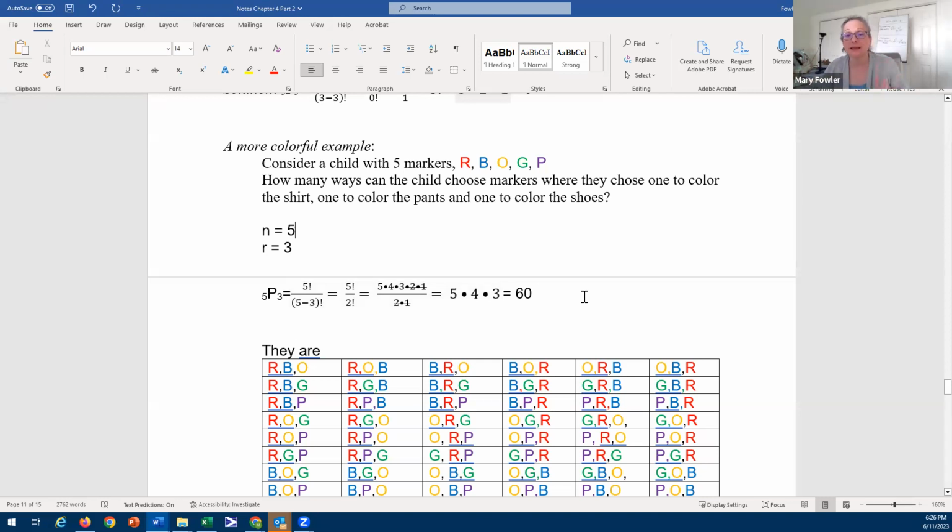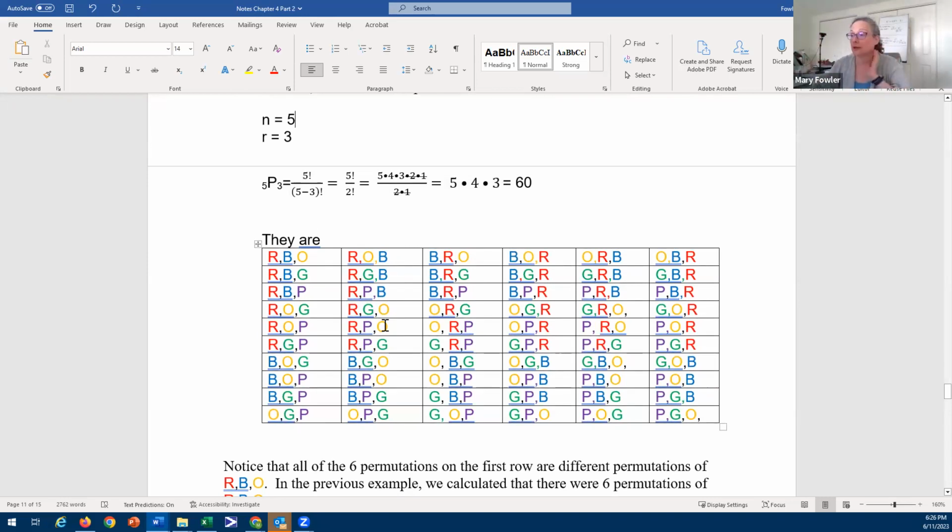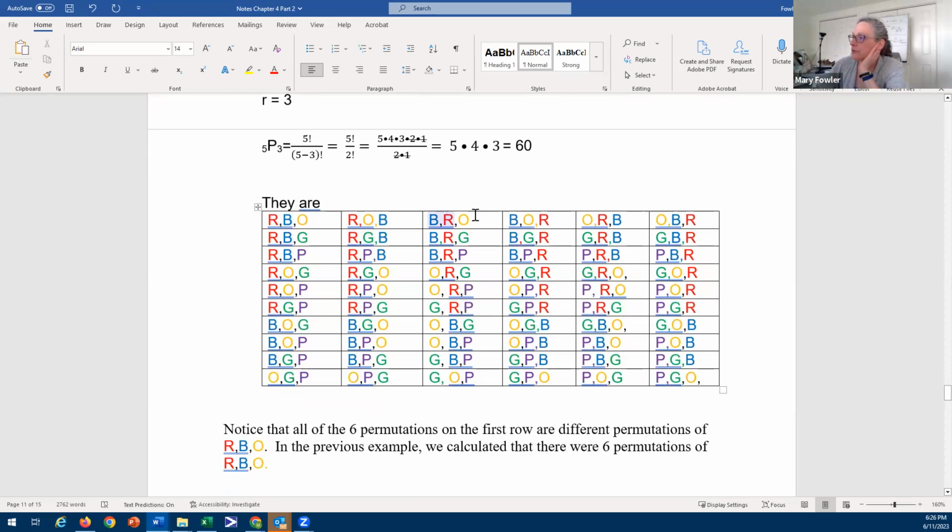And what I did was I laid all 60 of them out into a rectangle here, into a table. So we have 6 by 10. In fact, there are 60 different permutations of 3 colors. But notice how I laid this out. Notice that all of the 6 permutations in the first row are different permutations of red, blue, orange.